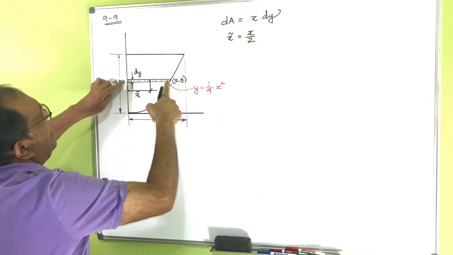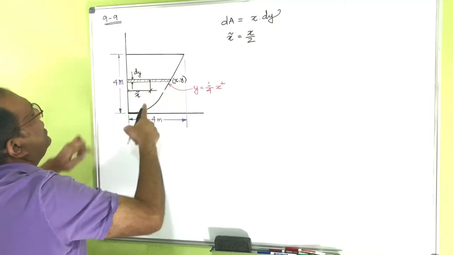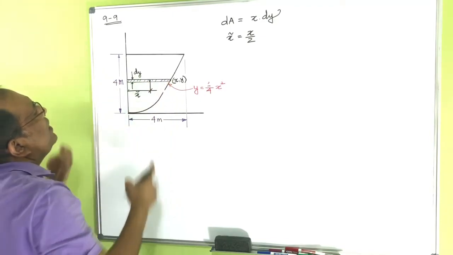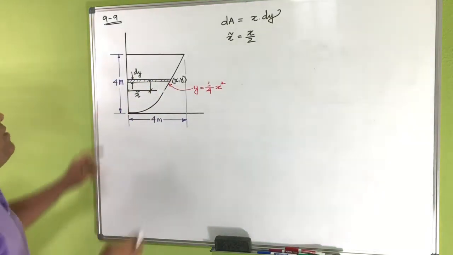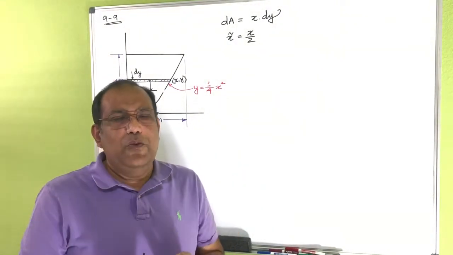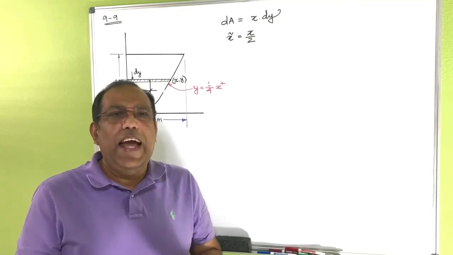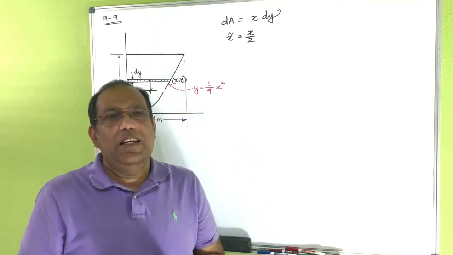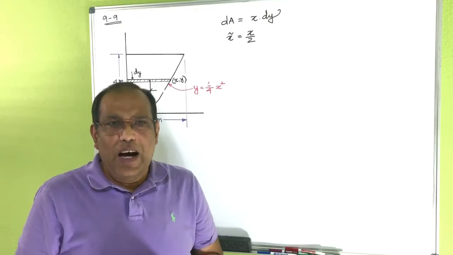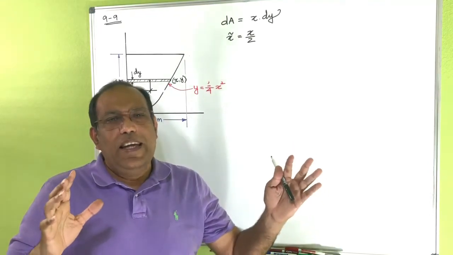So this is x, and the centroid of this small element is basically half of x here. So you have to remember that x tilde is the centroid of that small area, and x bar is the centroid of the whole area.